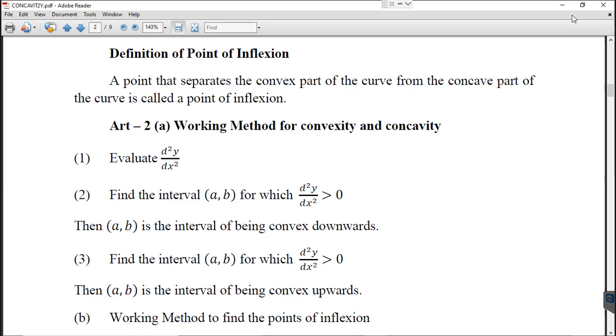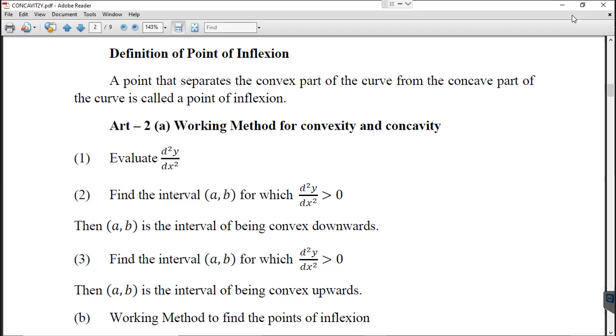Then you have to find the interval (a, b) for which the second order derivative of the curve is greater than 0. Then the open interval (a, b) is the interval of being convex downwards, for which the second order derivative is greater than 0.